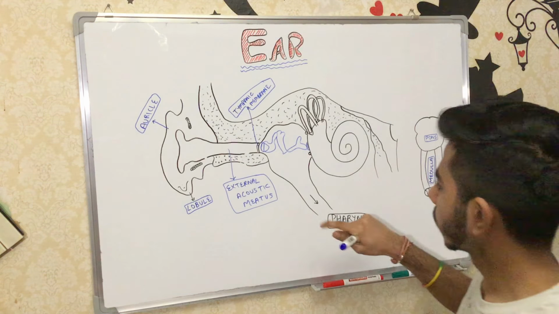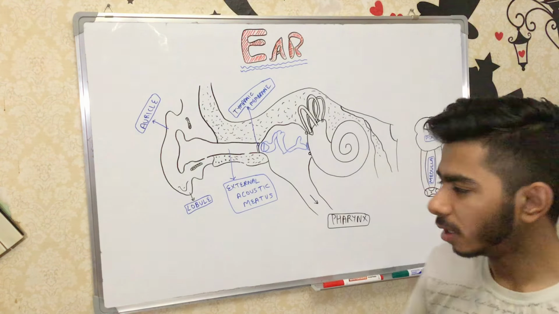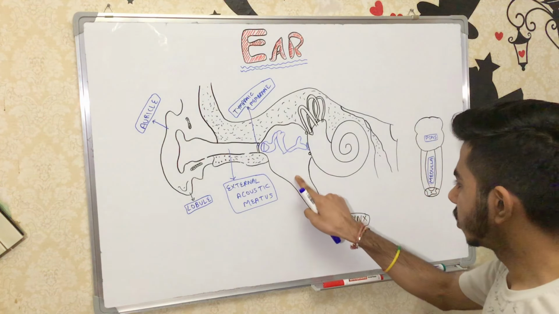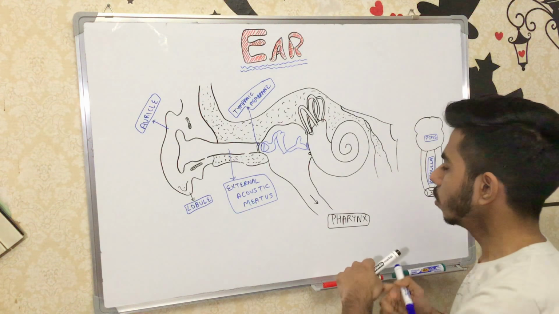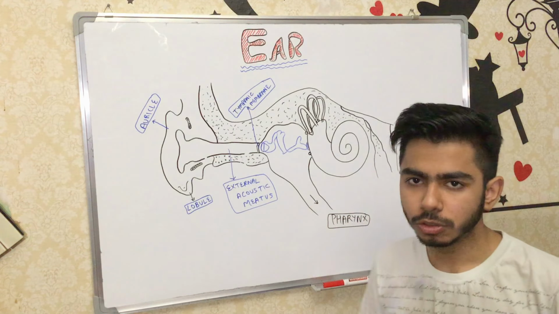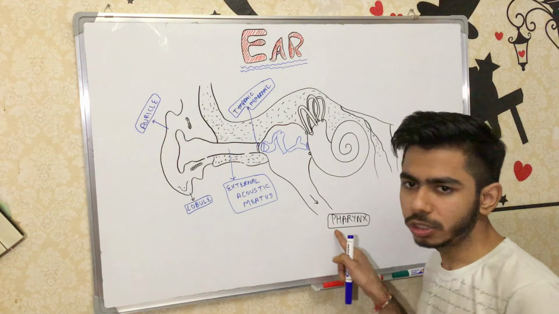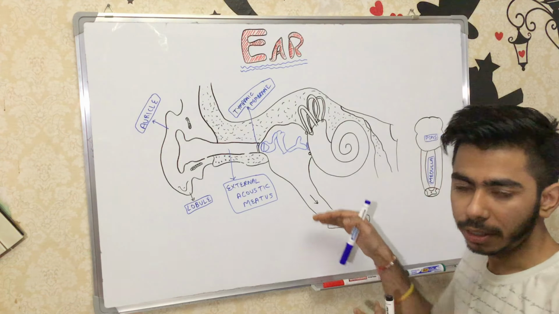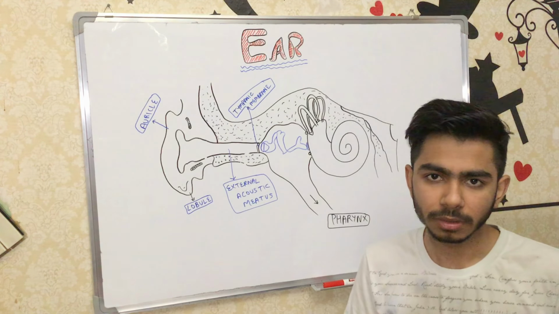Now one more extension is going towards the pharynx from the middle ear. And what is that? This extension, as you can see, is going towards the pharynx. Okay. So this tube, what is the function of this tube? First of all, what is the name of this tube? As it is approaching the pharynx, this tube is also called the pharyngotympanic tube.